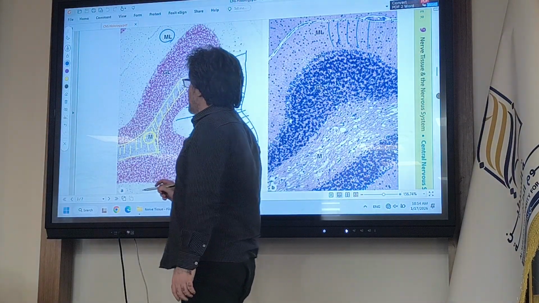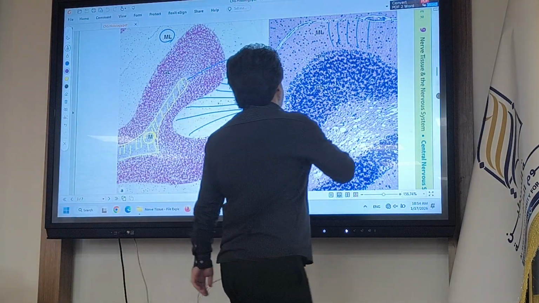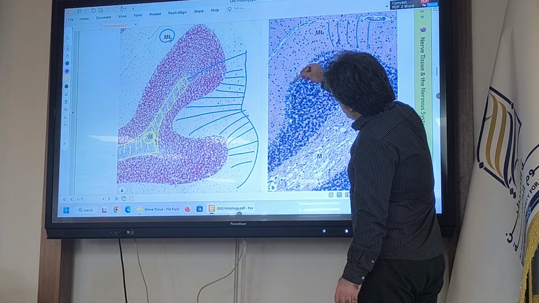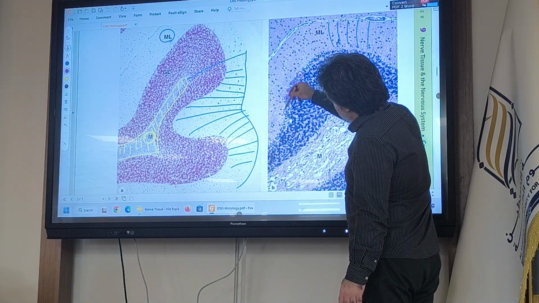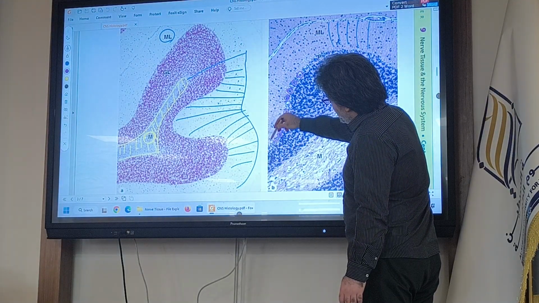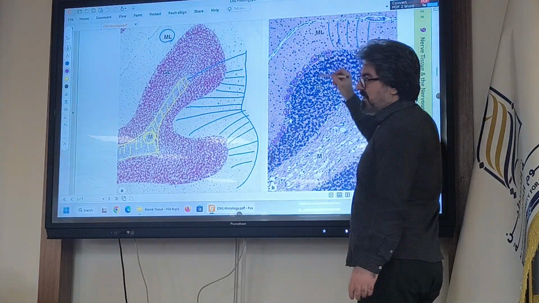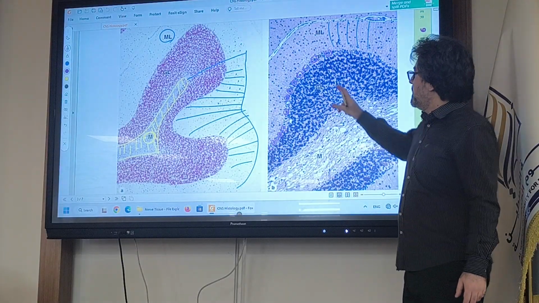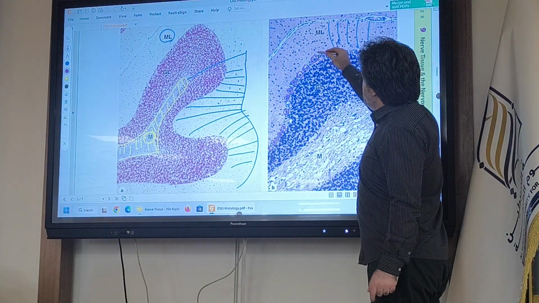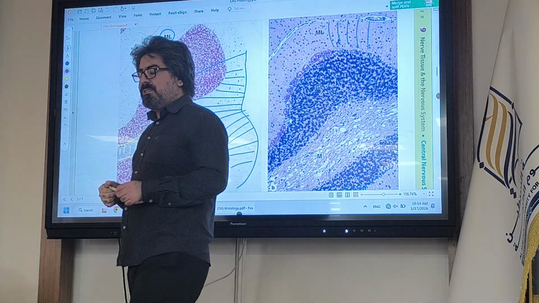And the second layer is one row of larger cells. These cells, just one row. These are the main functional cells in the cerebellum, known as Purkinje cells.